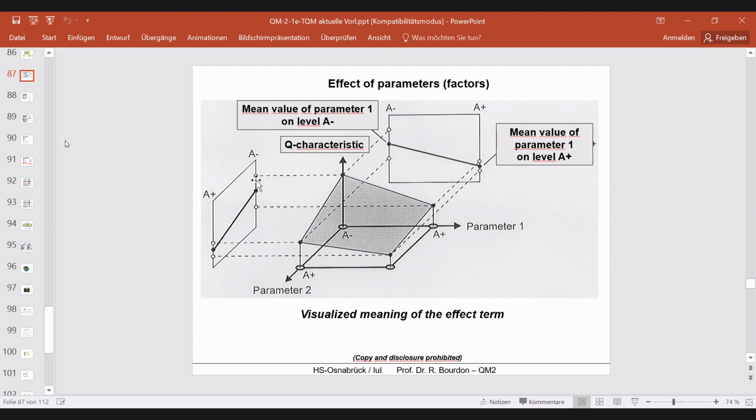And if you take the mean of the shadow points and draw a line between these means, this is called the effect. And this is called the effect of parameter 2. And if you do the same shadow picture here on the screen in this dimension, then you have here the effect of parameter 1.